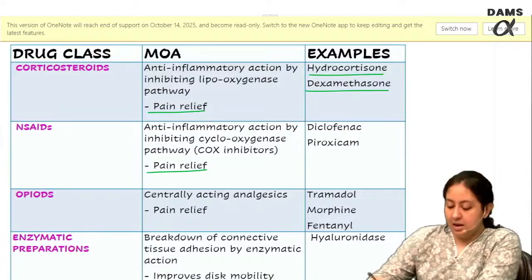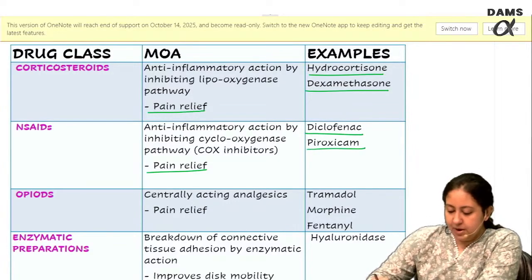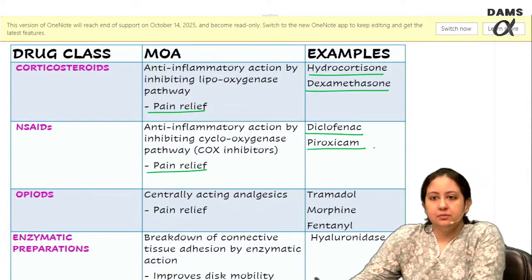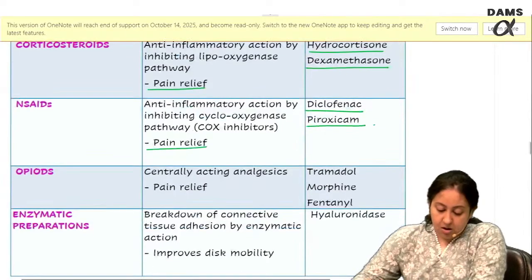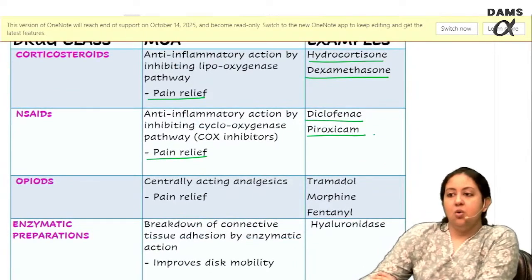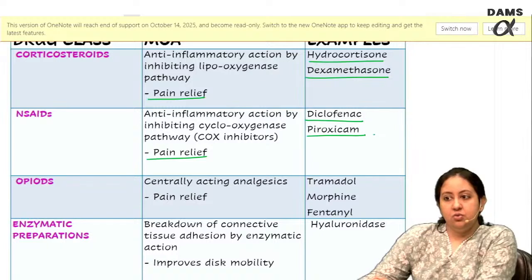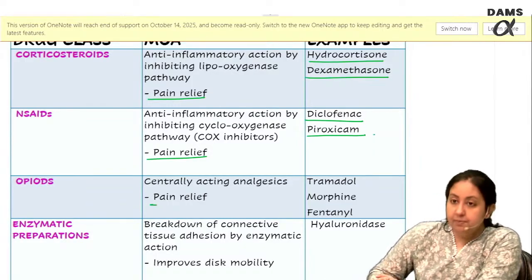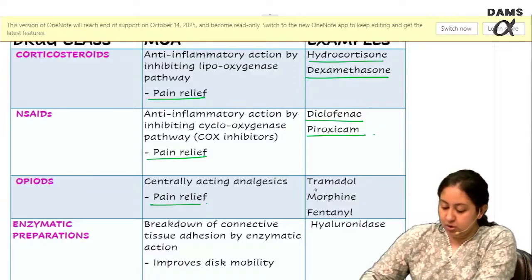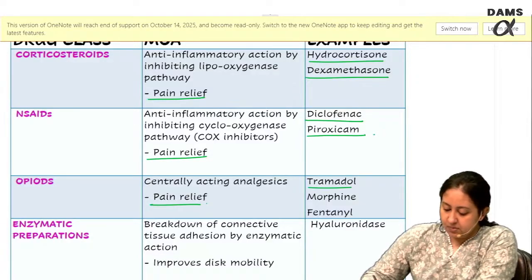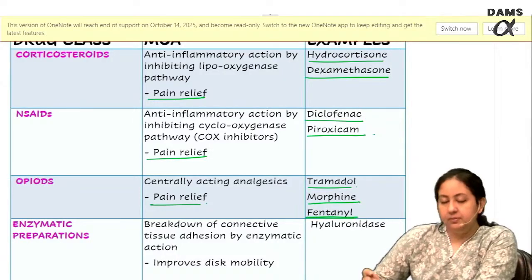The examples are diclofenac and piroxicam. Apart from these two, you can also introduce opioids. These are centrally acting analgesics and they also provide pain relief. The examples are tramadol, morphine and fentanyl.